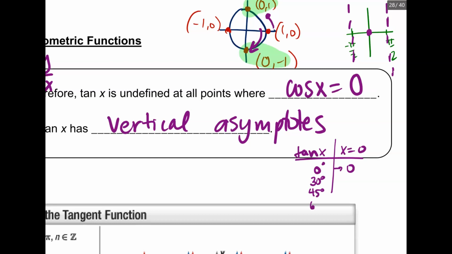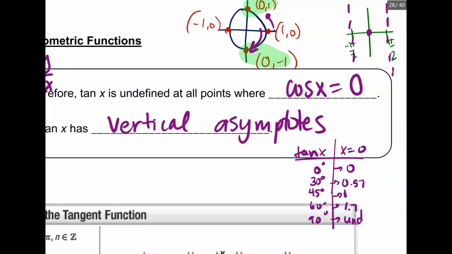We know 45 is 1, and 90 is undefined. I just want a glimpse of what's going on. So what is tan of 60 or 30? Who has one? 1.7. What about tan of 30?